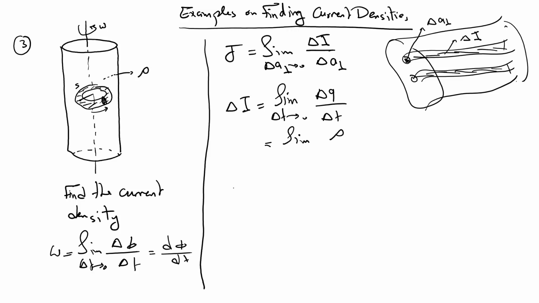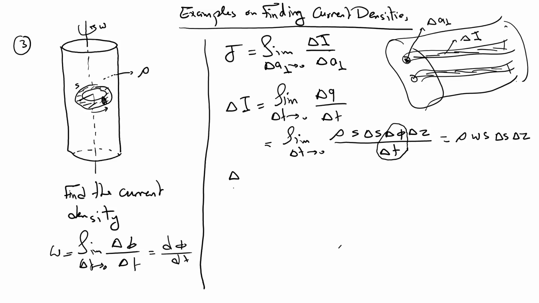You can check the formula sheet. It's S delta S delta phi delta Z, and then you divide this by delta T, and then you take the limit as delta T tends to 0. And you can already identify this limit as omega. Okay, so this becomes rho omega S delta Z. Okay, so this is our delta I.